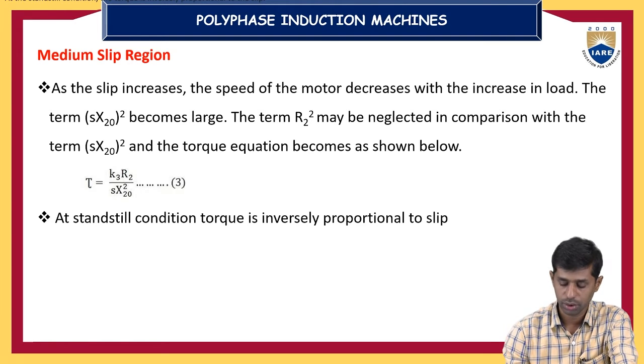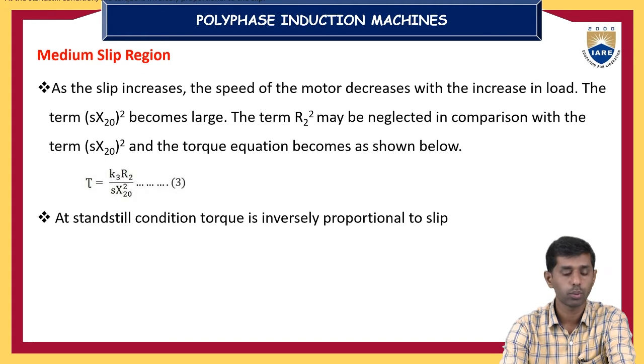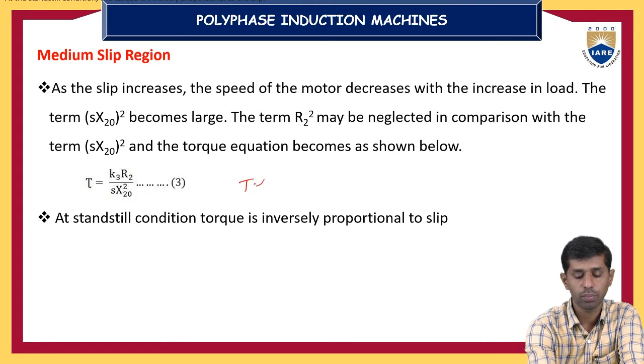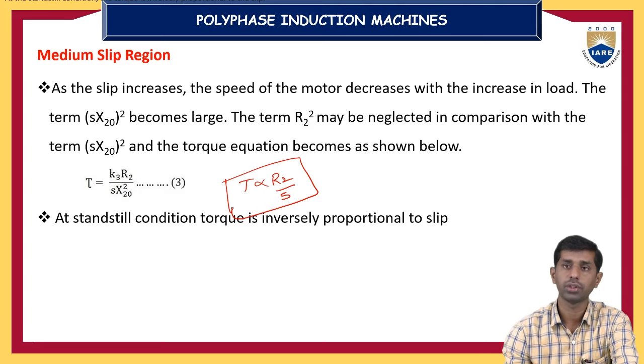Then the expression for torque is K times R2 by S times X2 square. Simply, torque is proportional to the resistance and inversely proportional to the slip of the induction motor in the medium slip region.